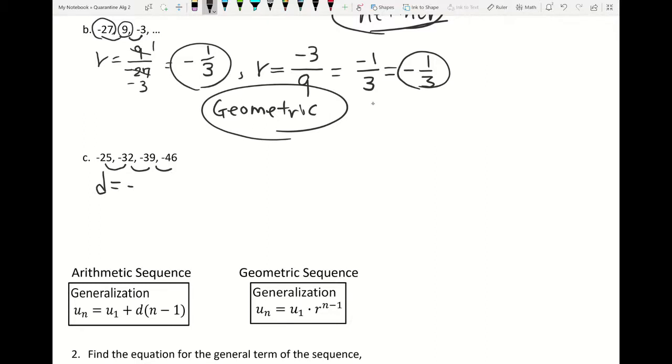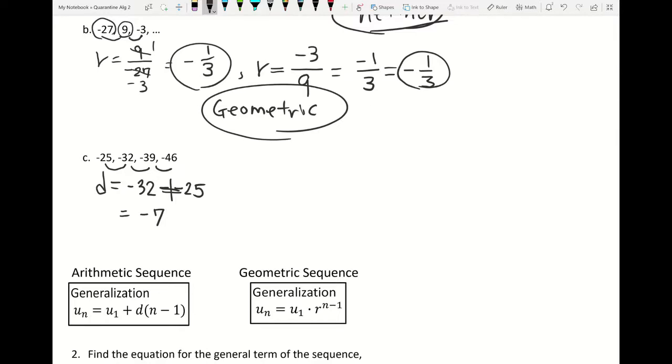So again, you pick the second number, negative 32, but since we are finding the difference, we're not going to divide, but we're going to subtract. Subtract negative 25. And negative and negative become positive. So this will become positive. And so it's minus 7.